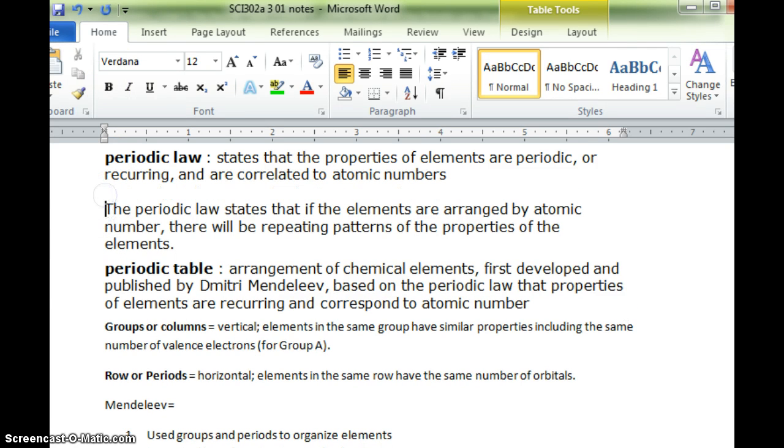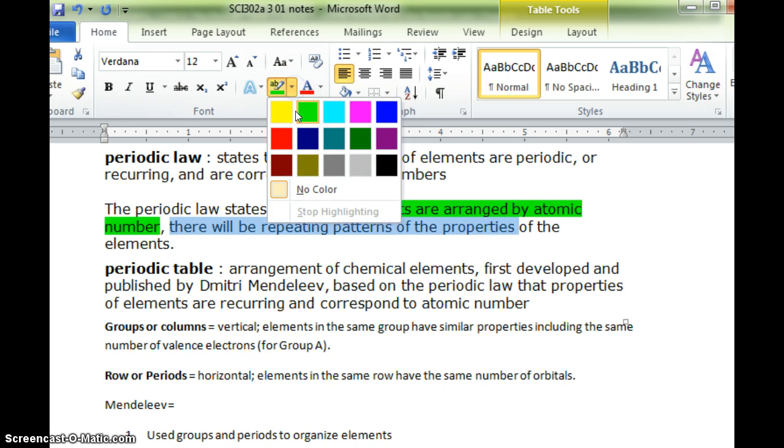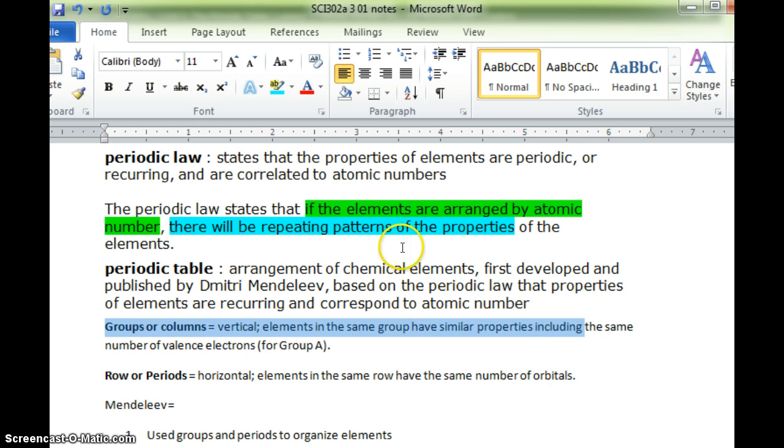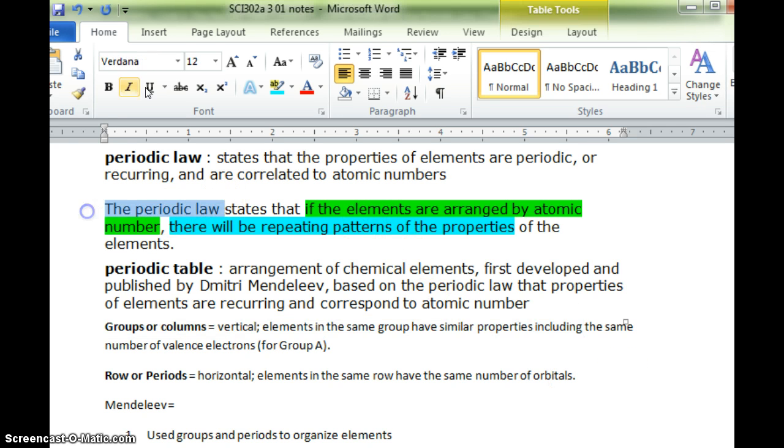So, in other words, the periodic law states that if elements are arranged by atomic number, which they are in the periodic table, then there will be repeating patterns of properties. So we're going to see that the elements are like other elements, and it's a pattern. And that's where it goes back to groups. Elements in the same group have similar properties. Well, we call that the periodic law.